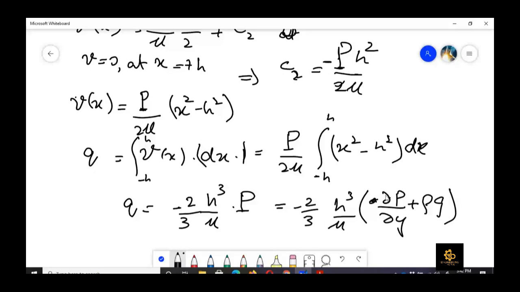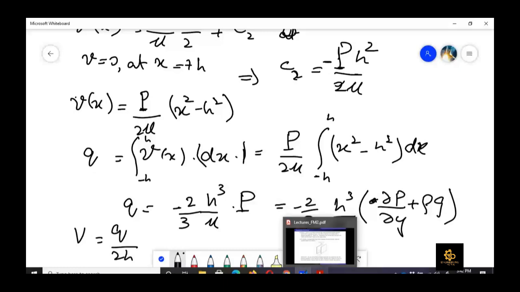This value is again negative, so Q would in fact have a positive value in the y direction, which is the upward direction. Then we can easily write it in terms of mean velocity as well, because we know that the mean velocity v would be equal to q upon 2h, and from there we can write it in that term.